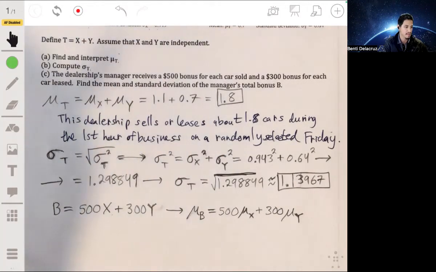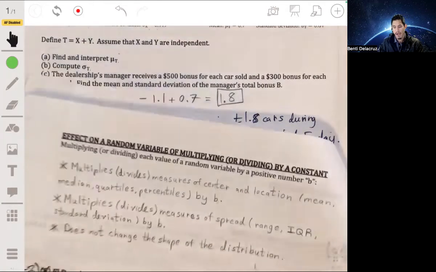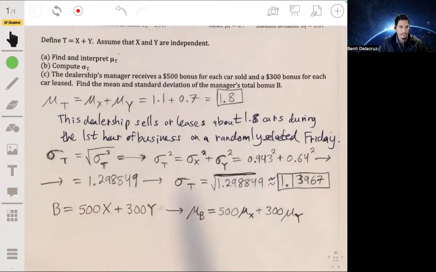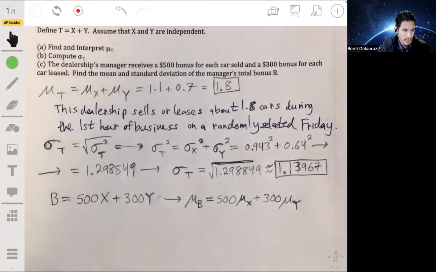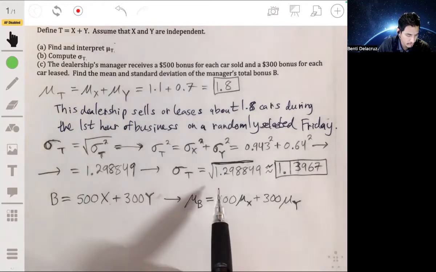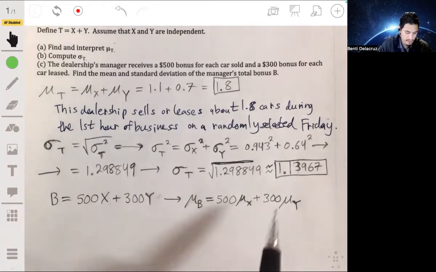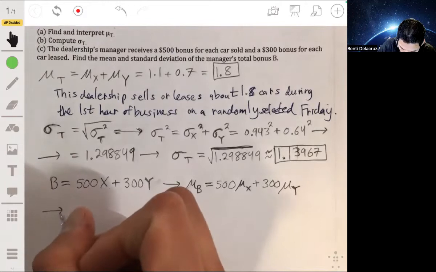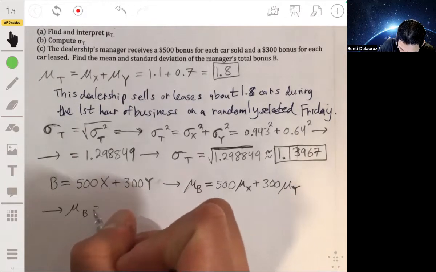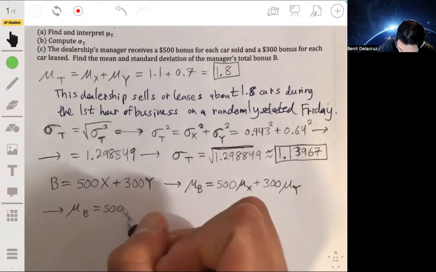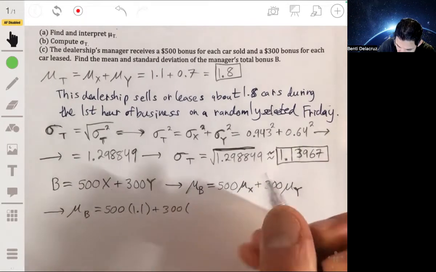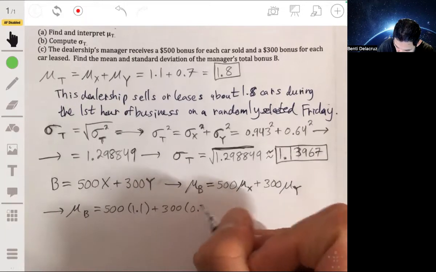Remember from the previous lessons, a constant is, in this case, 300 and 500. Now we just plug the values in for the mean of X and the mean of Y. Let's first do that to get the mean of B: $500 times 1.1 plus 300 times 0.7.